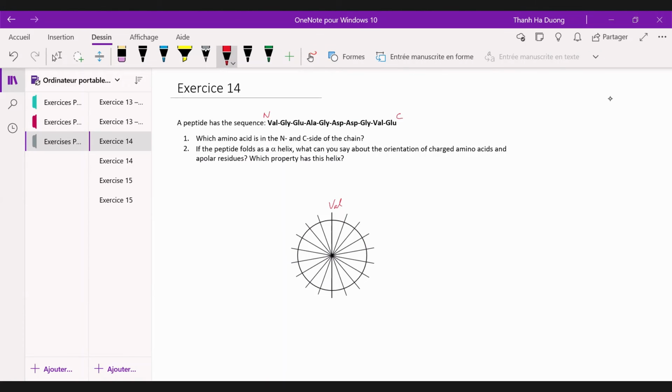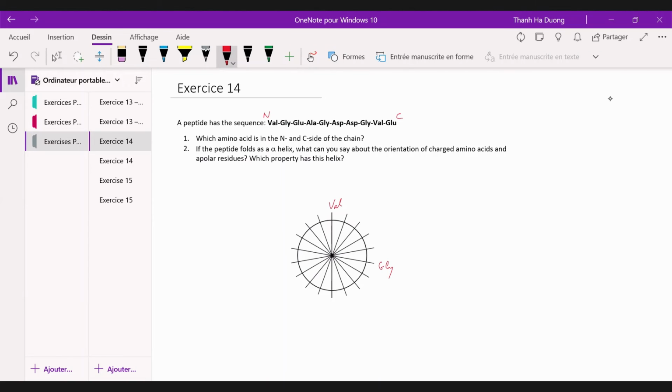What is the angle between the first and the second amino acid? 100. 100, so it corresponds to 5 angles. So if I put the valine here, glycine will be here. And so I continue.